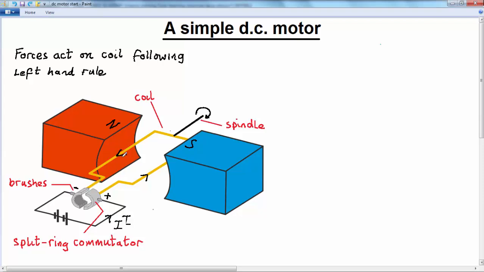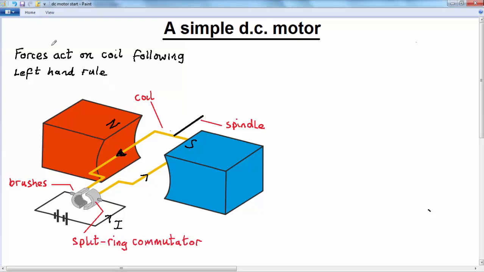And the current direction, well, looking from this perspective, the current's coming straight at you. So your second finger, which is the current finger, should be pointing directly towards you. And if you look at your thumb now, it will be pointing directly upwards. So that tells us that the direction of the force on this side of the loop is acting upwards, and if you go to the other side of the loop, the magnetic field is still pointing in the same direction.